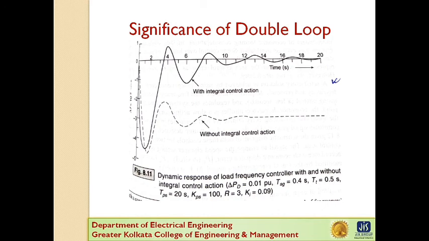And from this picture it is clear that without integral control action the change in frequency is much higher, approximately 2.9 Hz, and with integral control action the change in frequency is equal to 0.